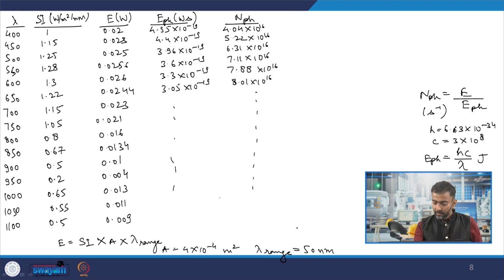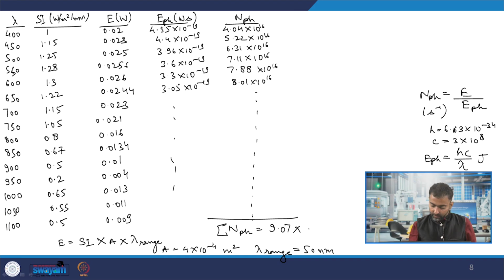Once you have done this for all the wavelengths, you take the summation. The summation of NPH, the total number of photons incident in that entire range, comes out around 9.07 into 10 to power 17. That many photons are impinging per second.